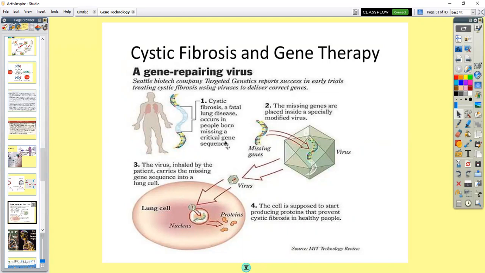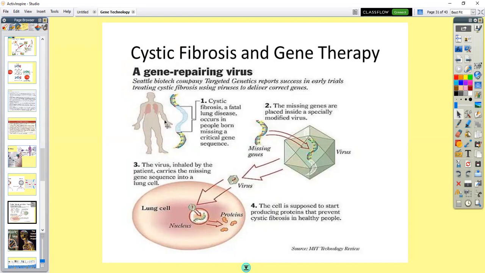So they have a gene missing. You can put that missing part of the DNA into a virus, inject that into, or transport that into cells within the lungs, and that will cause the lungs to produce that mucus breaking down enzyme.